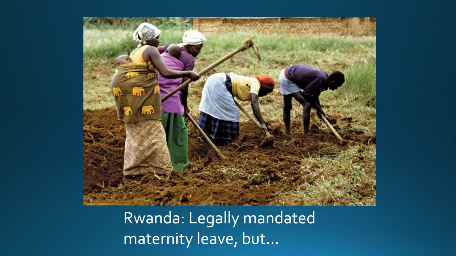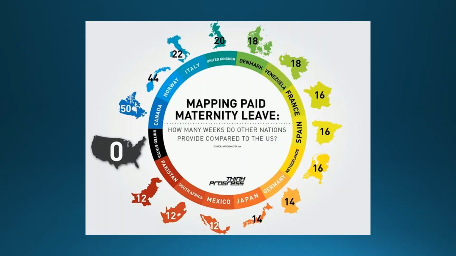The other thing that I want to note is that the United States is the only industrialized country that does not have paid maternity leave. We give 6 weeks of unpaid maternity leave, which a lot of women can't afford to take 6 weeks off of work.